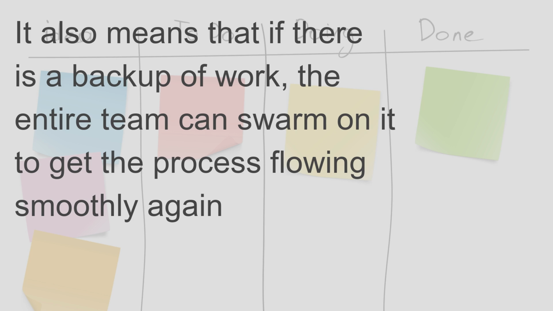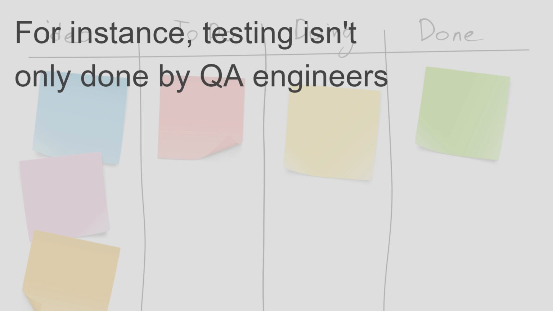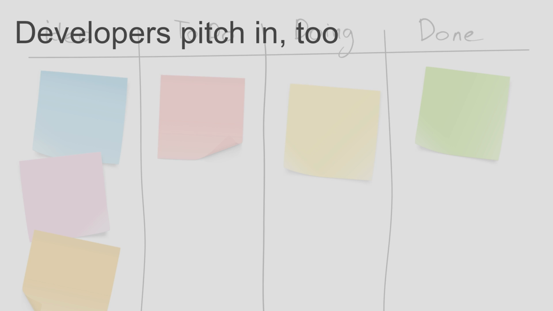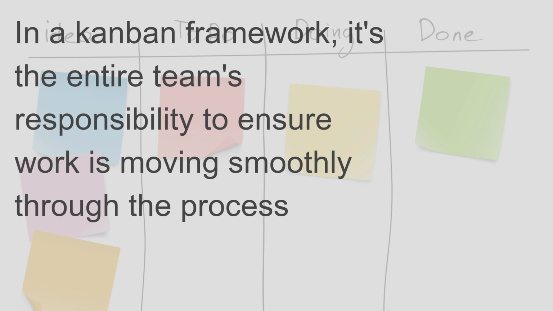It also means that if there is a backup of work, the entire team can swarm on it to get the process flowing smoothly again. For instance, testing isn't only done by QA engineers. Developers pitch in, too. In a Kanban framework, it's the entire team's responsibility to ensure work is moving smoothly through the process.